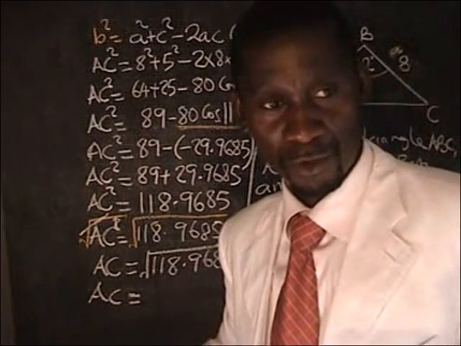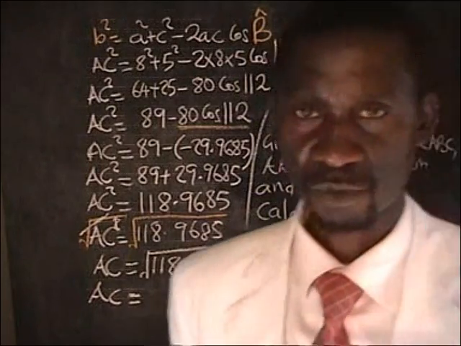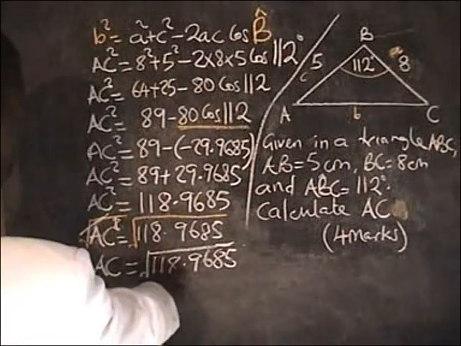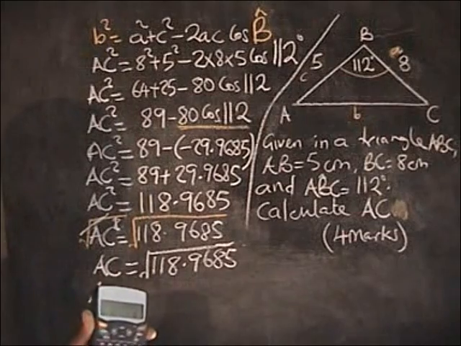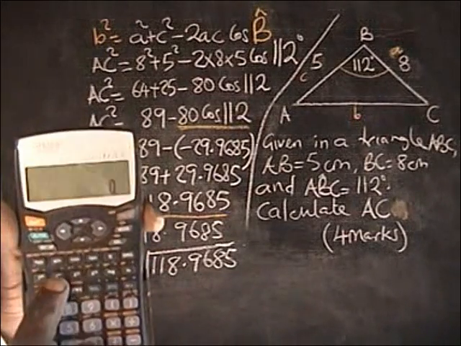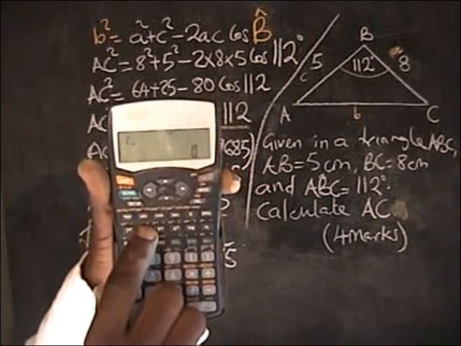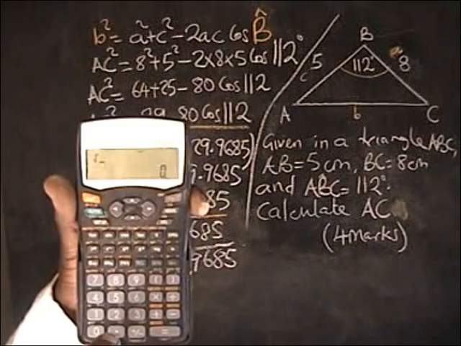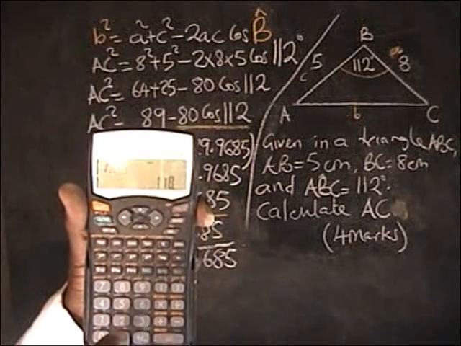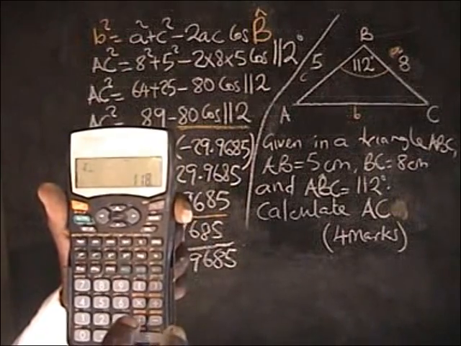Then I have to use a scientific calculator so that I find the square root of this number, which is 118.9685. So in the first place, on the scientific calculator I have to feed the square root. Then upon feeding the square root, it is 118.9685.